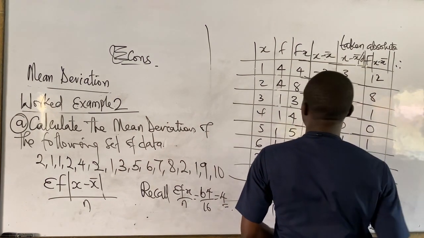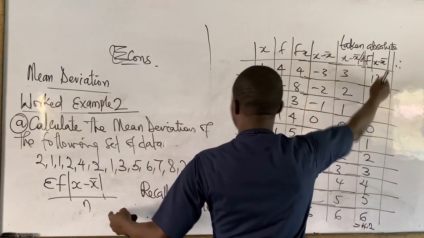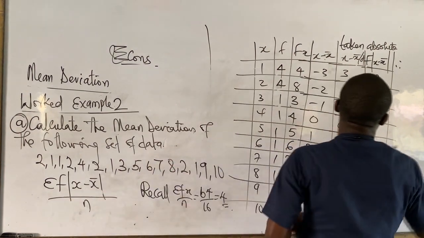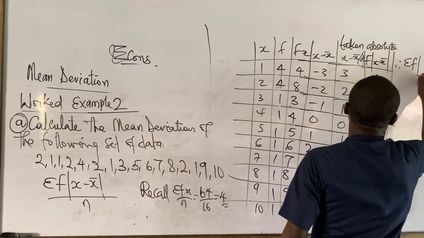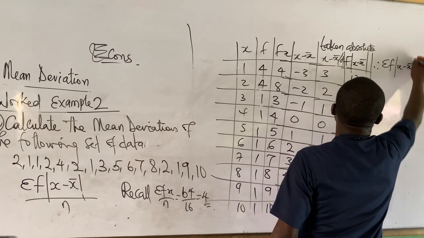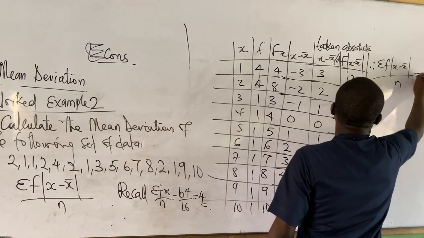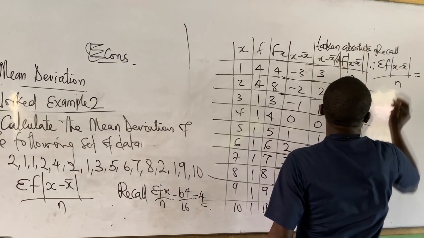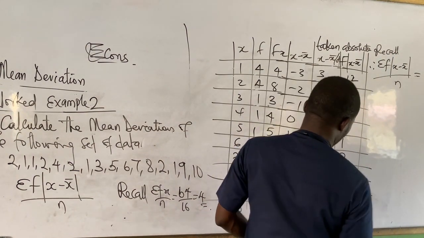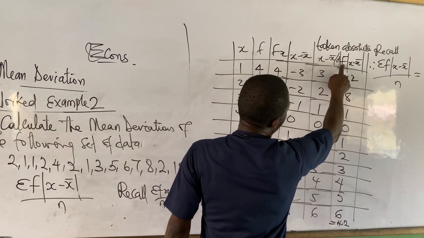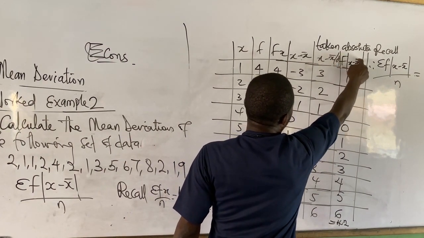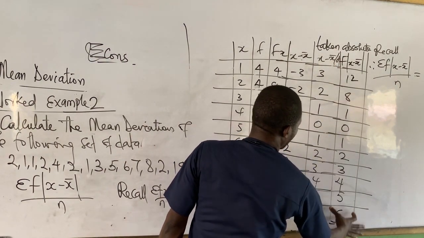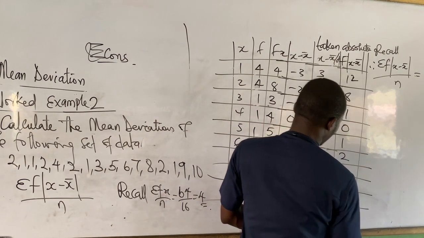So we recall our formula again. Summation f times the modulus of x minus bar x, all over n. That is our formula. After recalling our formula, we look at what we have here. The sum of all this, which is our summation, will give us 42.